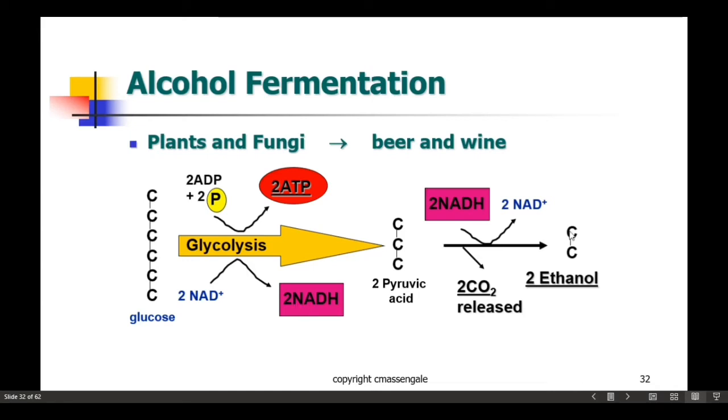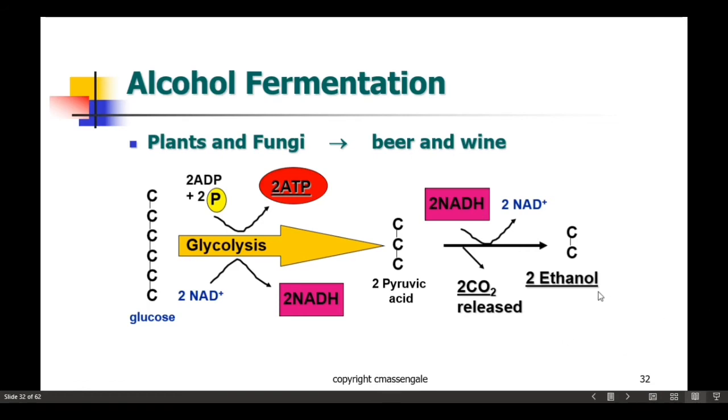In the end, the final products of alcohol fermentation are two molecules of ethanol, which contain two carbons each. This is the alcohol that we drink from alcoholic beverages such as wines and beers.